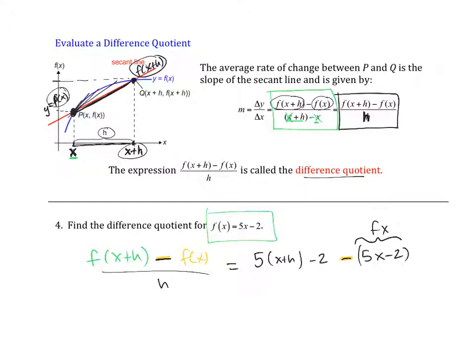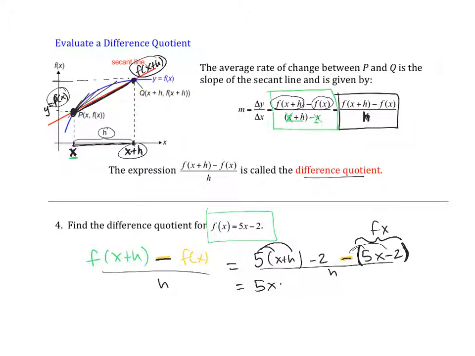You have to subtract the entire f of x, so that whole 5x minus 2 needs to be put into parentheses, and then we'll need to distribute that negative. Let's see what happens here. We'll distribute our 5, so we'd get 5x. Oops, I forgot: the difference quotient needs to have an h in the denominator.